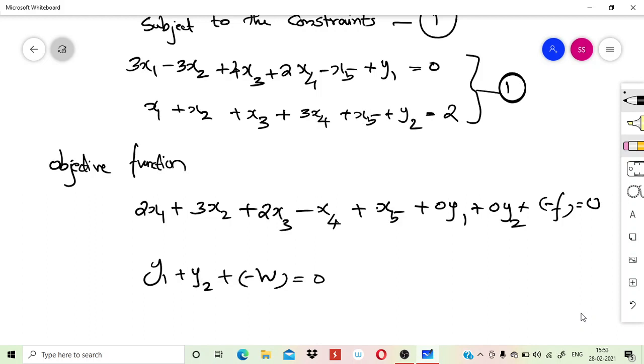Actually, this will be 0x1 plus 0x2 plus 0x3 plus 0x4 plus 0x5 plus y1 plus y2 plus minus w plus 0f equal to 0, like that. And we have this equation as 3, and this is 2.